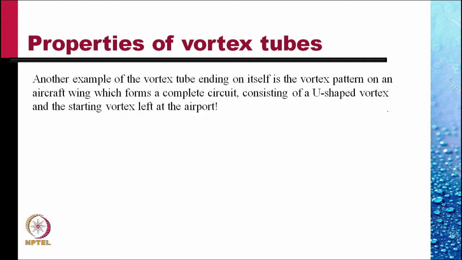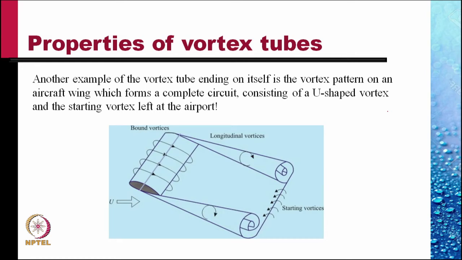Another example of a vortex tube ending on itself is the vortex pattern on an aircraft wing, which forms a complete circuit consisting of a U-shaped vortex and the starting vortex left at the airport. This is a typical pattern of vortices on an aircraft wing.